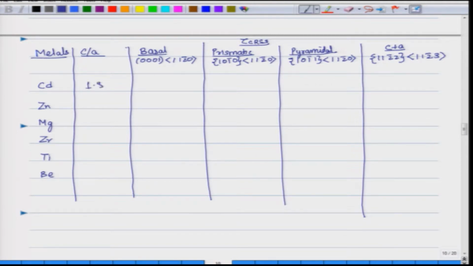And as you will see, I have put it in descending order, and these values have been taken from the book by Hull and Bacon, and some other values are also taken from the book by Wei Chai and William D. Nix, which are given in your references. If you look at the course handout, they are mentioned as references.